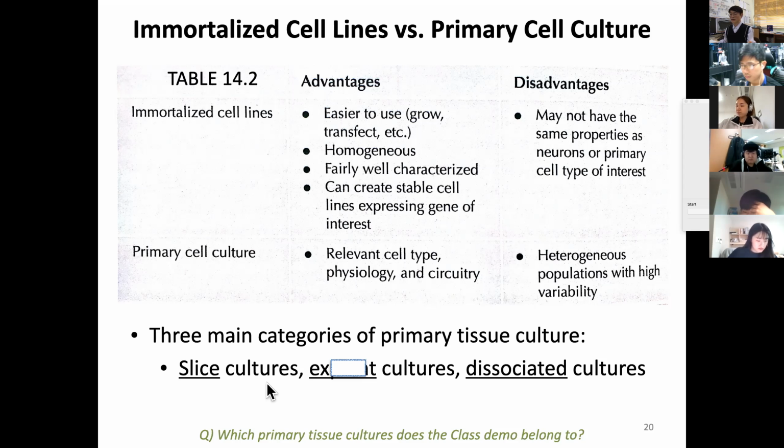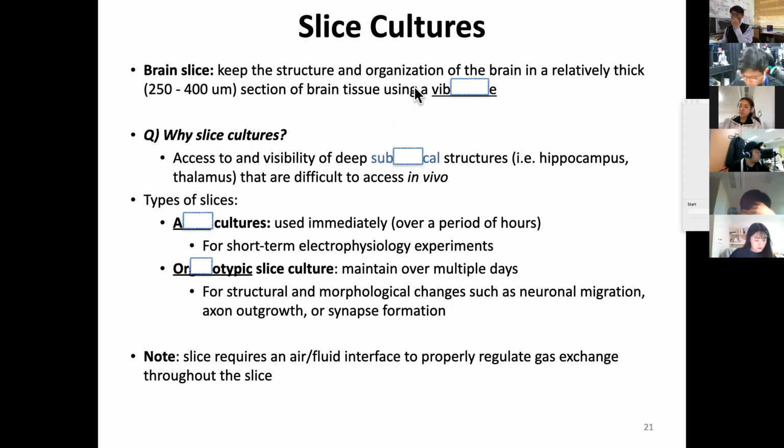So slice culture, explant culture and dissociated cultures, I think I'm going to go over quickly for all of these. Brain slice keeps the structure and organization of the brain in a relatively thick preparation, up to about 400 micron. Why 400 micron?